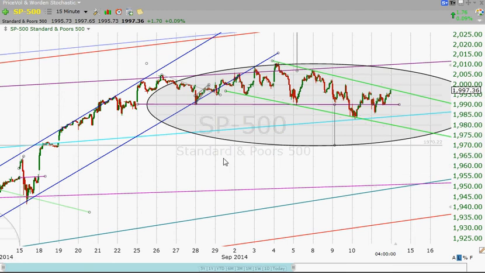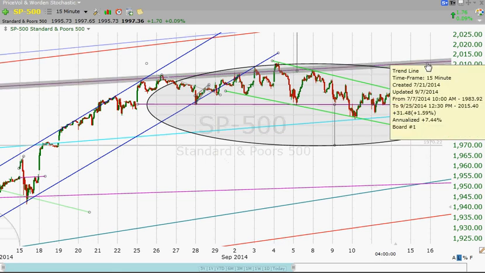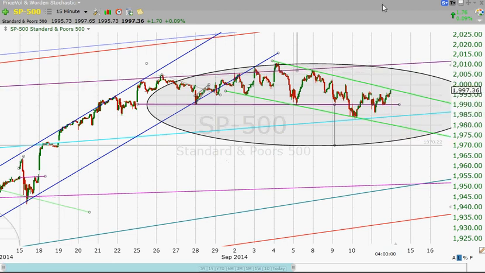So the question is, are we going to take out that resistance line? I think eventually we probably will. And I think when we do, that will be the signal that the S&P is ready to move on up and test this larger neckline, which, by the way, was updated on September 7th.